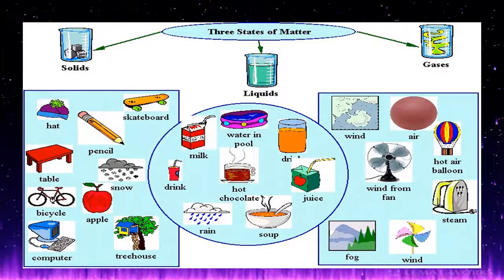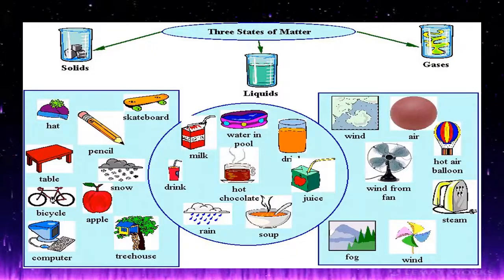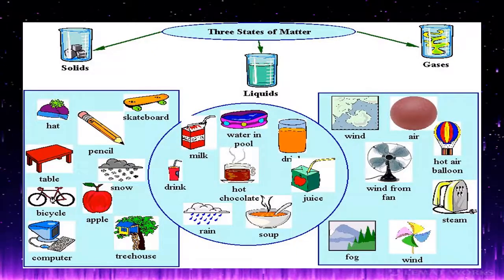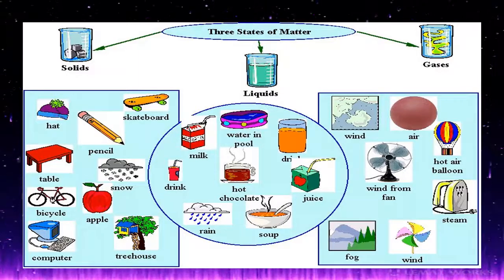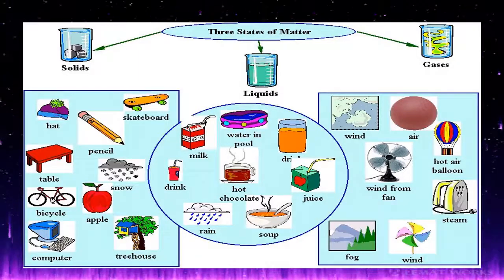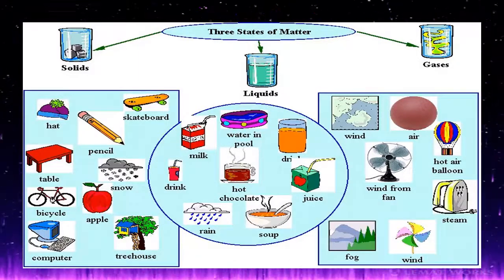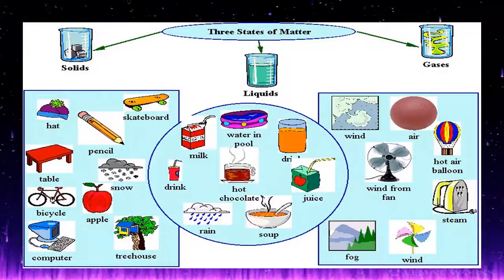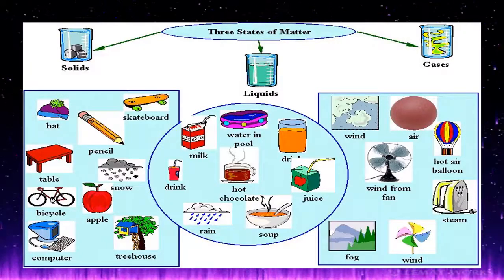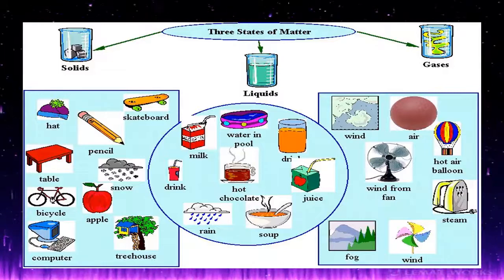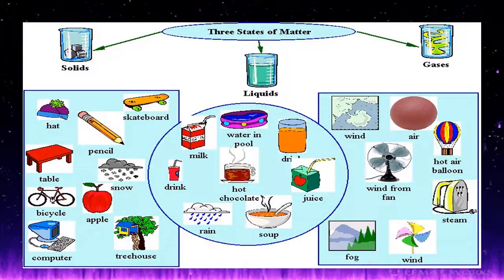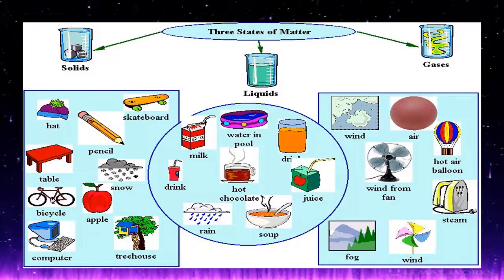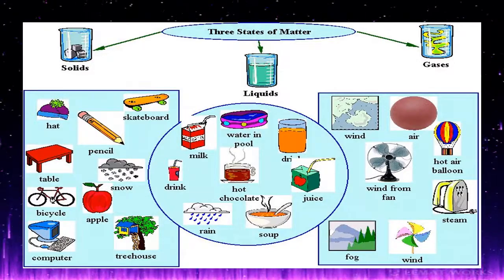Then you have liquids like water, juice, soup, hot chocolate, milk, rain. These are examples of liquids. Then gases: wind around you, the air in the balloon, the wind coming from the fan, okay, the steam coming from the food. These are all examples of gases.